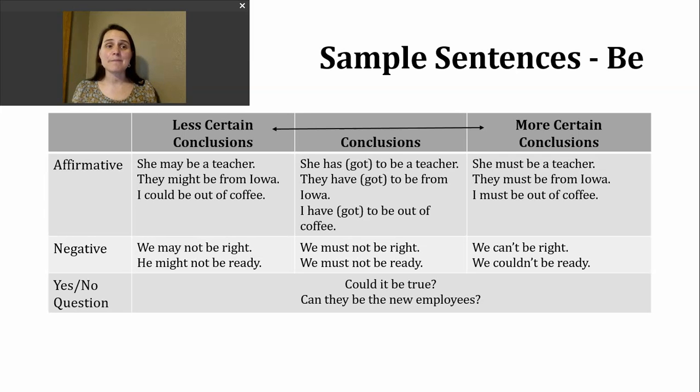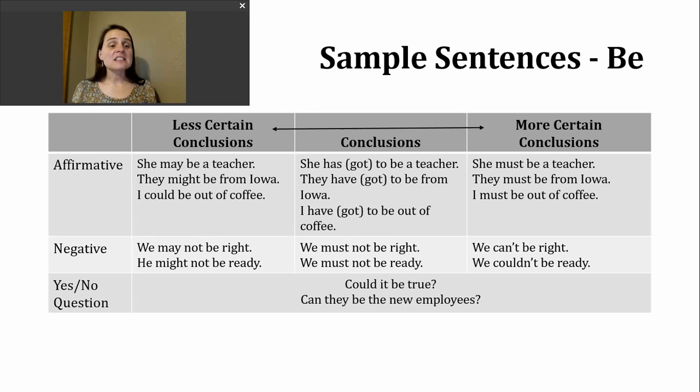We must not be ready. Finally, if you feel extremely confident in your negative conclusion, you're going to use the modals cannot or could not. And it's really common for native speakers to use the contraction forms here. We can't be right. We couldn't be ready. Okay.